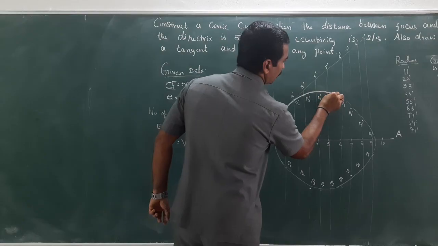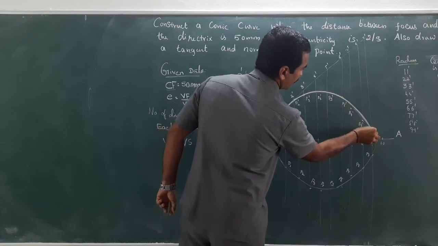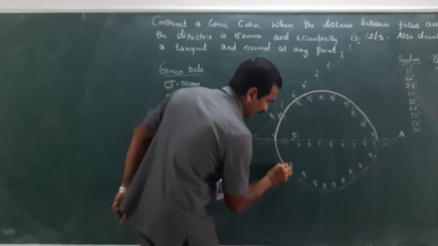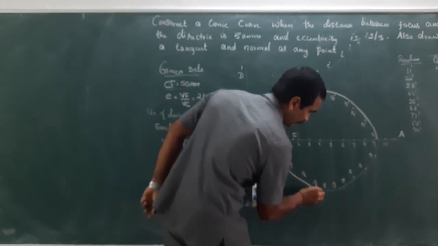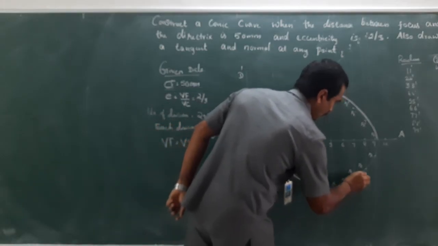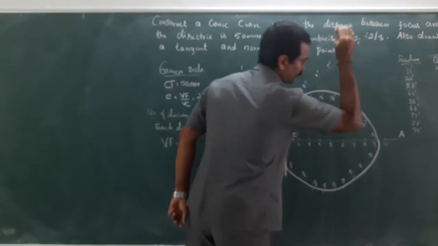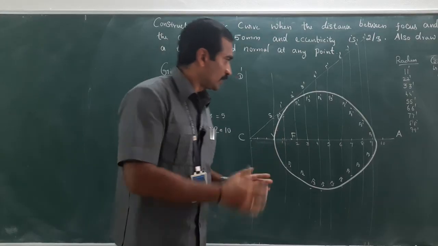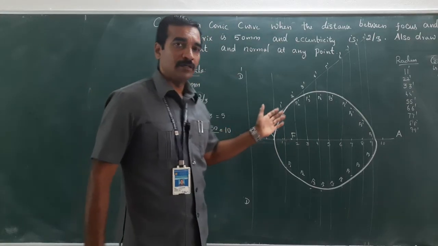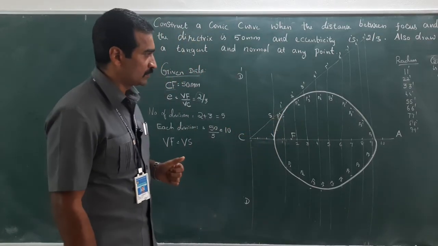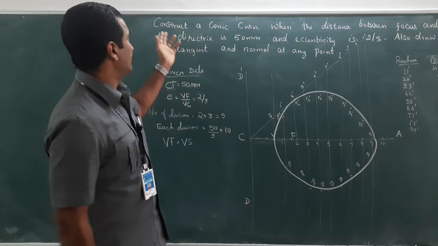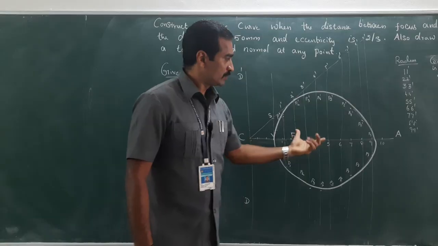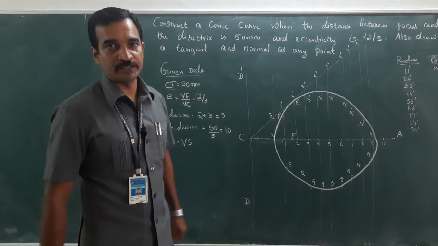You should draw it as a thick line or dark line. So now I have constructed the profile of the ellipse. The first part is over, that is, construct the conic curve which is supposed to be an ellipse. I got the ellipse now.